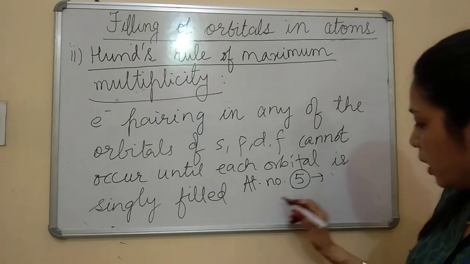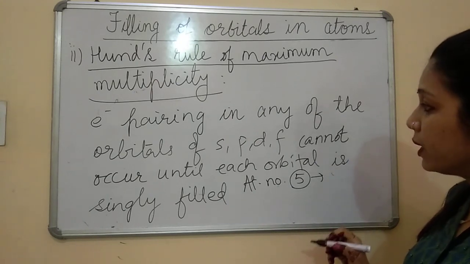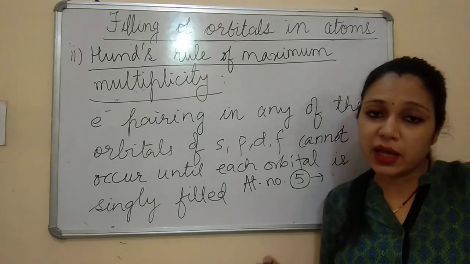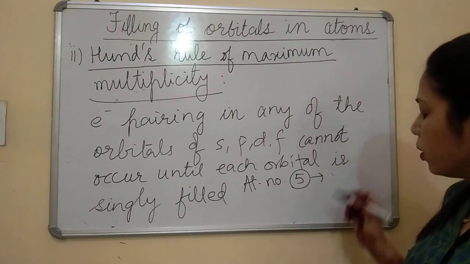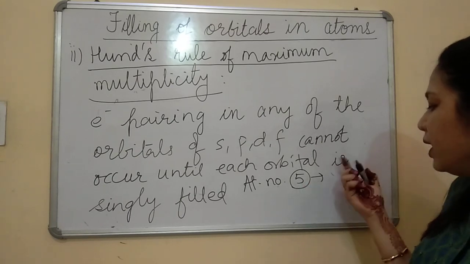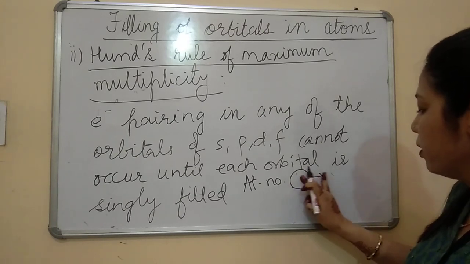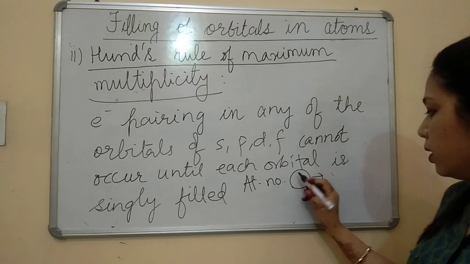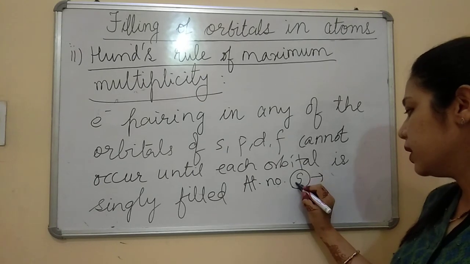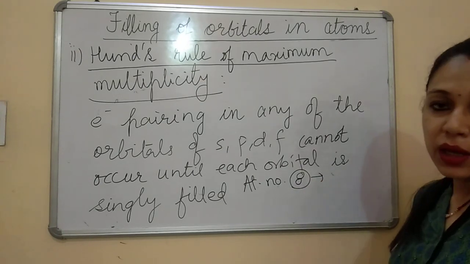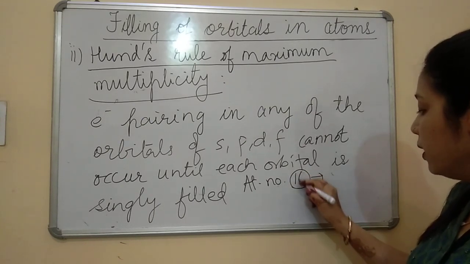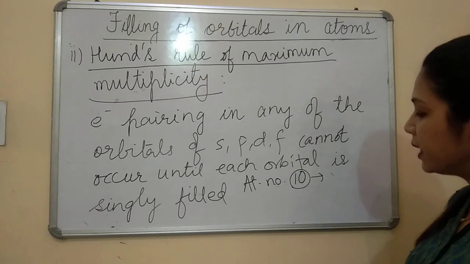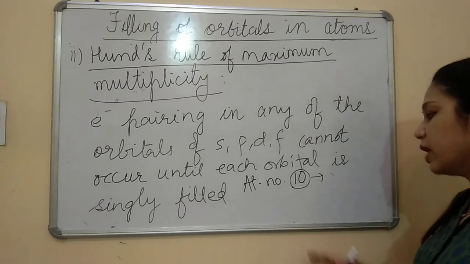So if I am going to fill the orbitals in increasing order of their energies, then I will take a bigger number. Suppose I take 10, any atom with atomic number 10.